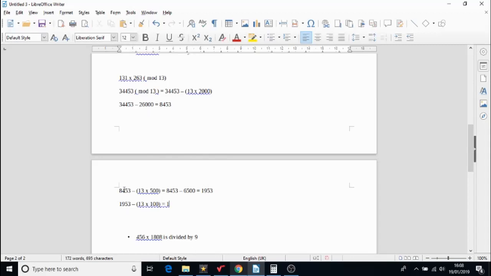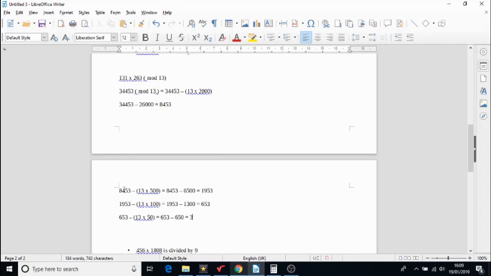So that'll be 1,953 minus 1,300, which gives 653. Then 653 minus 13 times 50, which is 653 minus 650, and the answer is 3.